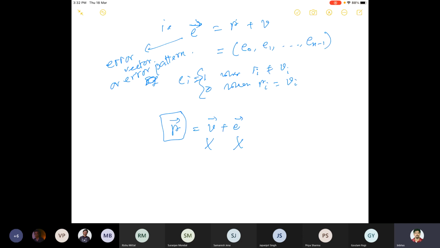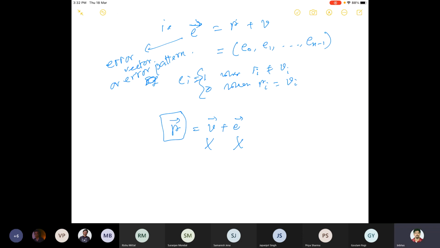If an error is detected, the decoder should then attempt to locate where the error is, and then correct it. And suppose it is unable to do so because there are too many errors, then possibly the decoder will ask the sender to retransmit the code word. That's the only possibility.